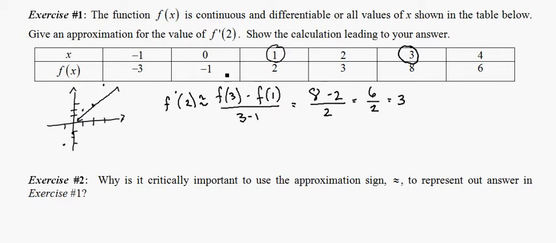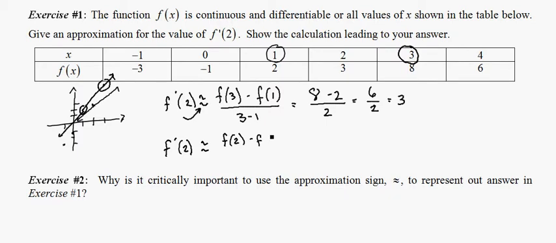To me, that makes the most sense. It's like going to these two points, drawing a secant line through them, and saying the slope of that secant line will be about the slope of the tangent line. That's why we're using the approximation symbol. It's actually also acceptable to use x equals 2 in this approximation. So it would also be okay to do something like this.